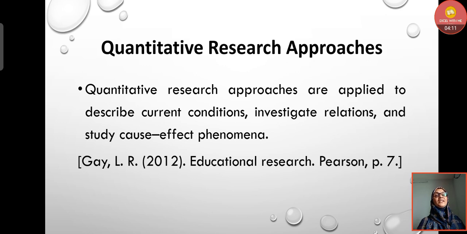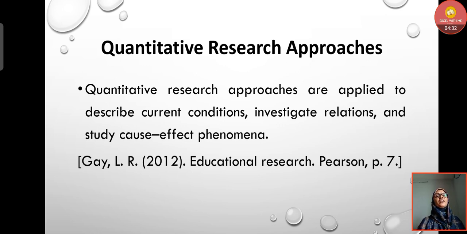So let's understand quickly about quantitative research approaches. Quantitative research approaches are applied to describe current conditions, investigate relations and study cause-effect phenomena. In quantitative research we use empirical things, descriptive methods, and statistical data.